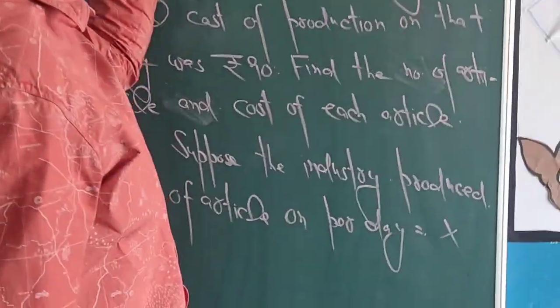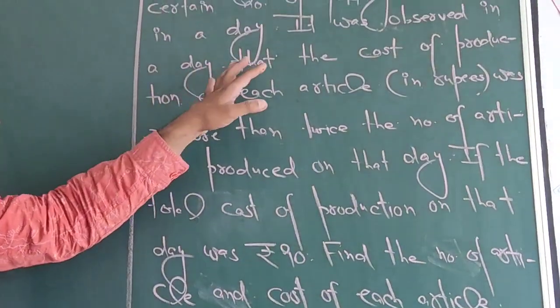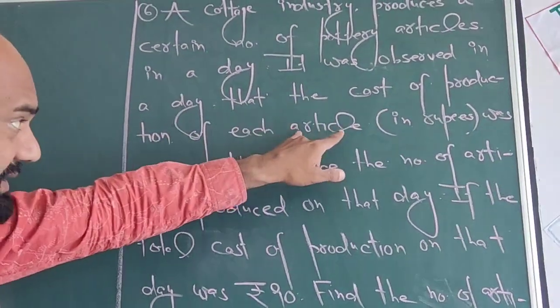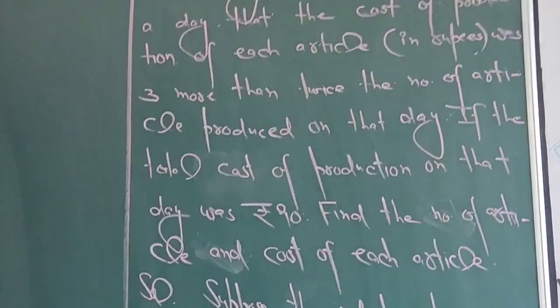Therefore, according to the condition, the question says a cottage industry produces a certain number of pottery articles in a day, and the cost of production of each article was 3 more than twice the number of articles.